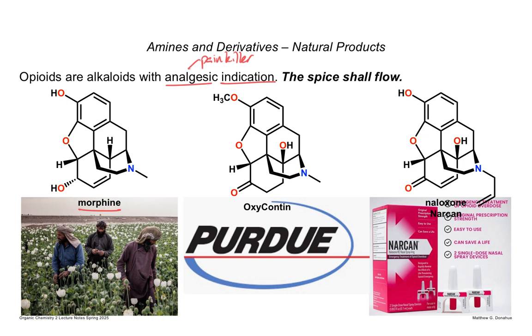So what companies will do is functional group modifications. Based on that skeleton, this alcohol has become an ether. This secondary alcohol has become a ketone. This alkene has been reduced, and that carbon has been oxidized.